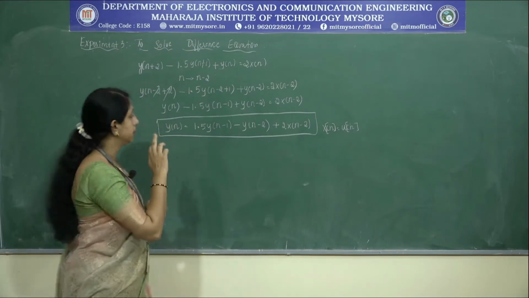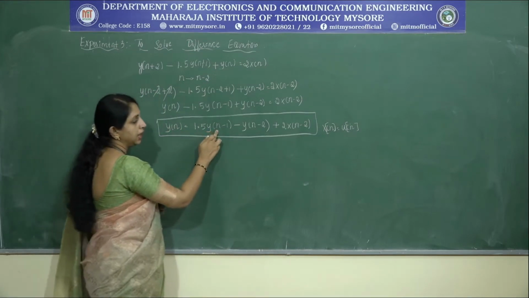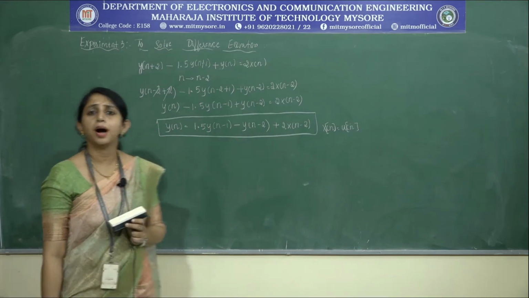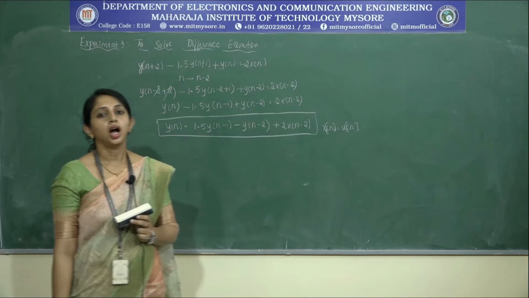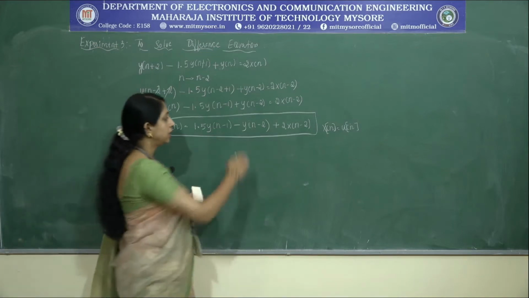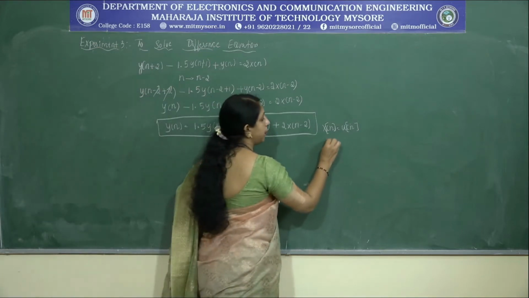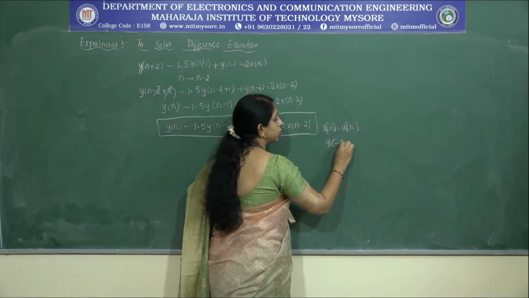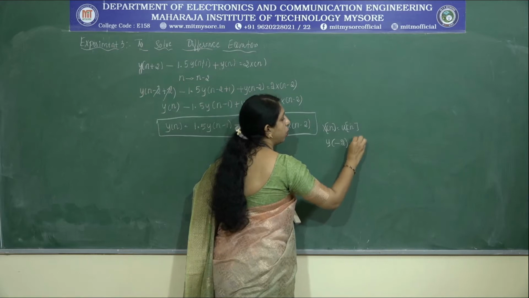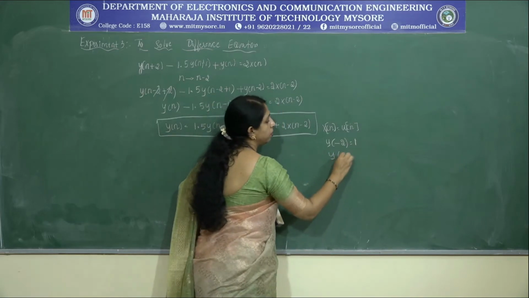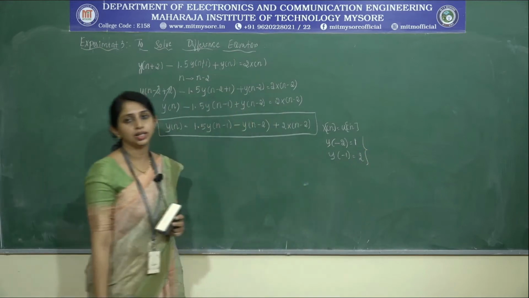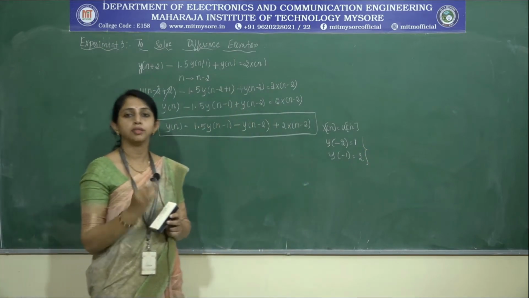Then we have n minus 1, n minus 2 values. These are called past values of the output. For these two, let us consider the past values y of minus 2 as 1, y of minus 1 as 2. So these are the initial conditions which we have assumed.